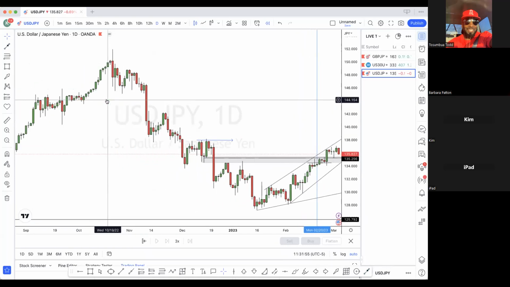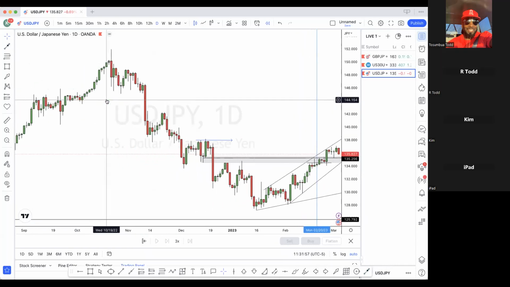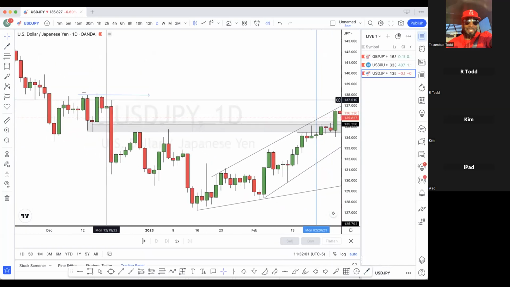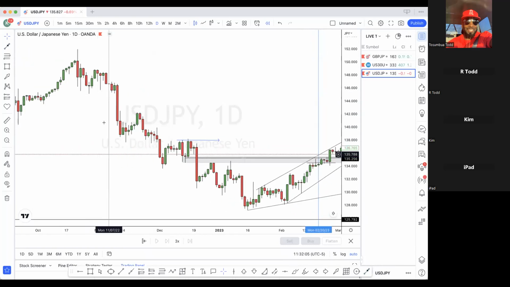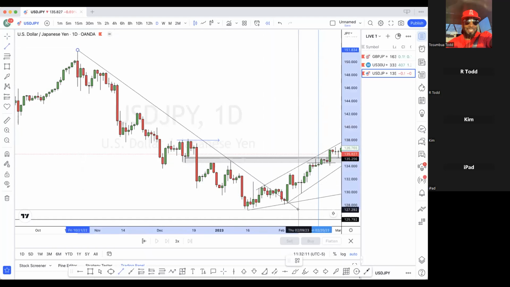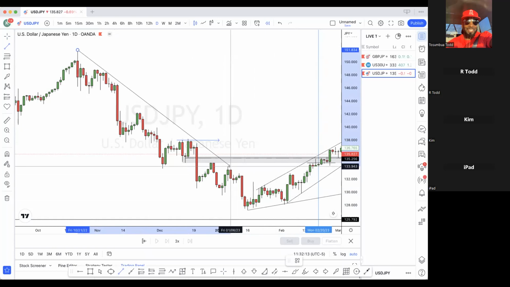Because Kim, I gotta challenge that, Kim. Okay, give me just a second. Let me finish my thought right quick. And I say that because one, this was a downtrend, right? This was a downtrend, and this is how I use my trend line. And I'm gonna just take it from this touch and this touch.